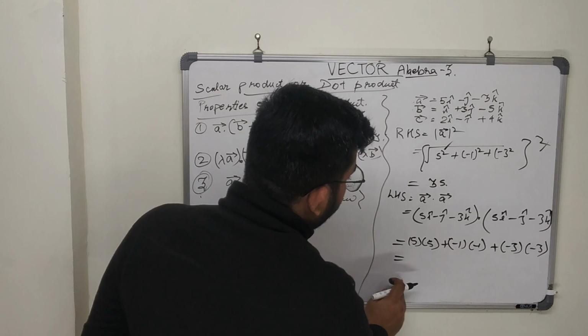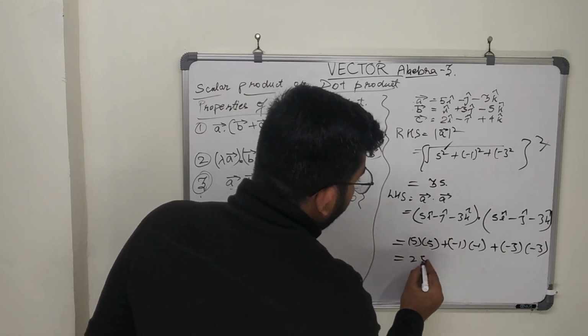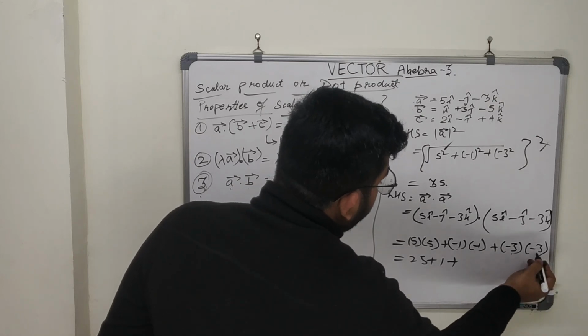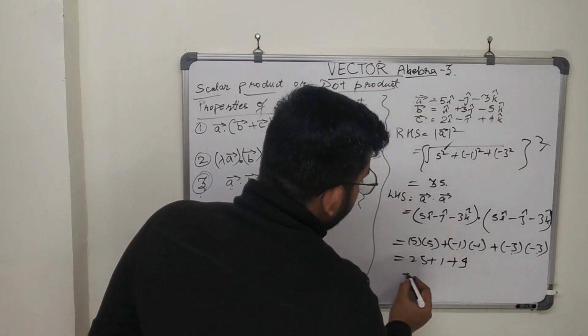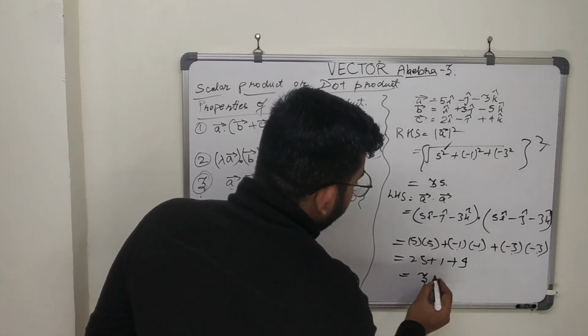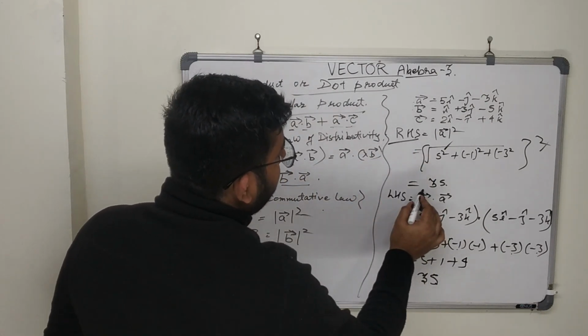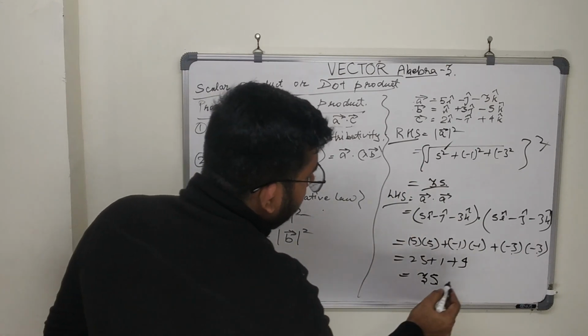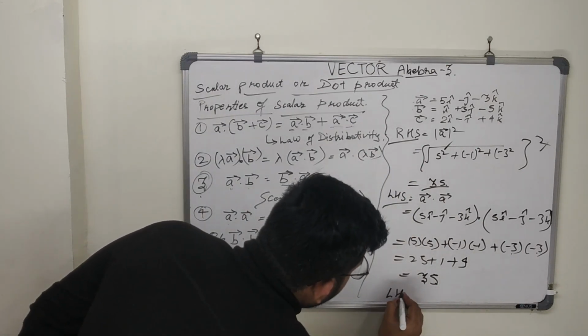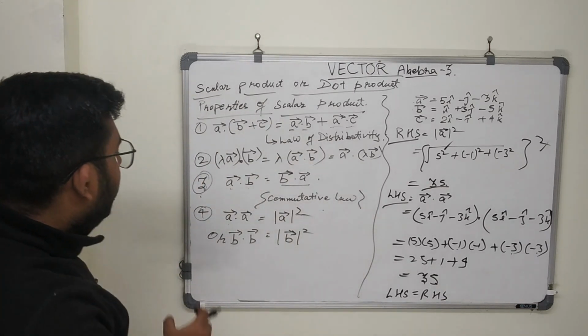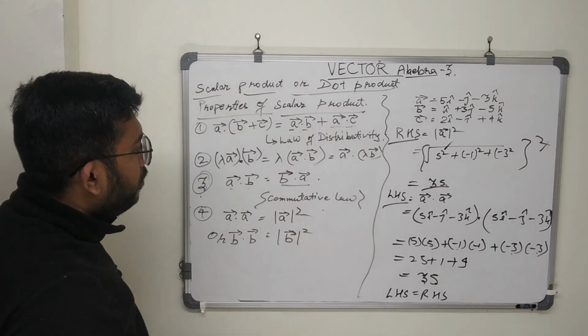So now simplifying, that is 25 plus 1 plus 9. So this will be equal to again 35. So in this way we see that the right hand side, that is 35, is equal to the left hand side. So we have proved the fourth property also.